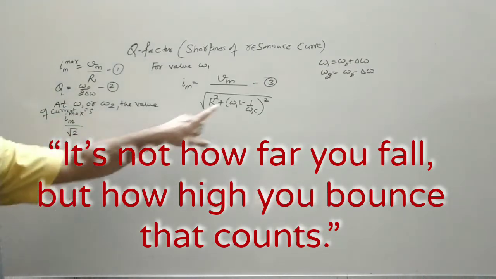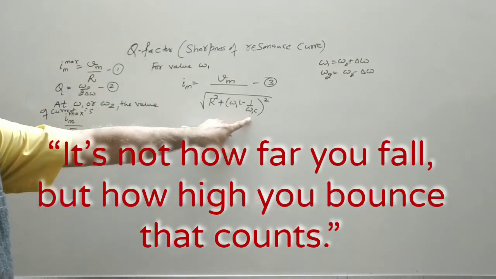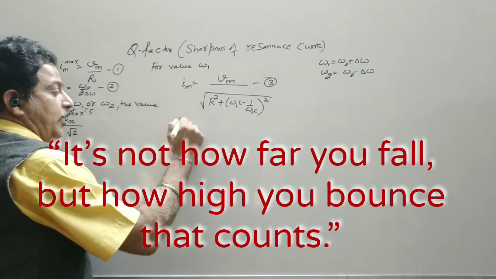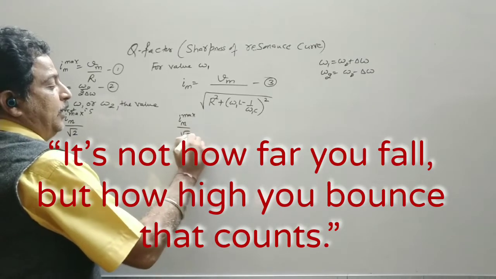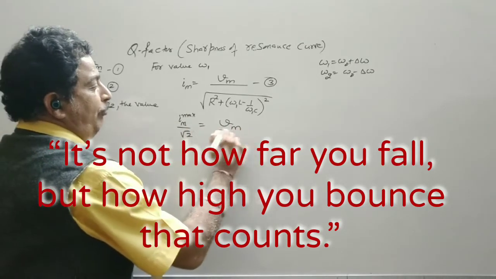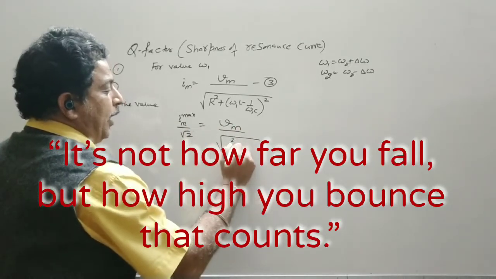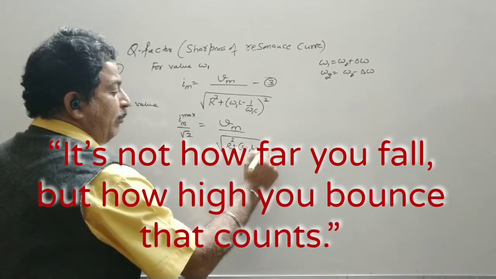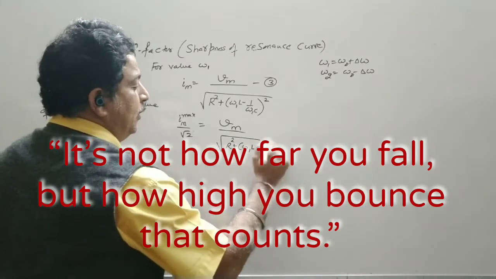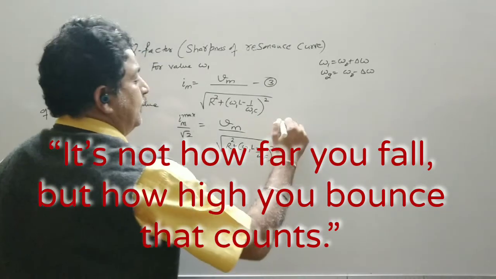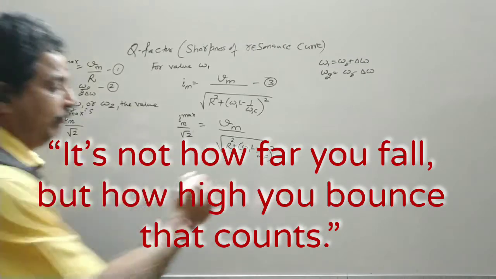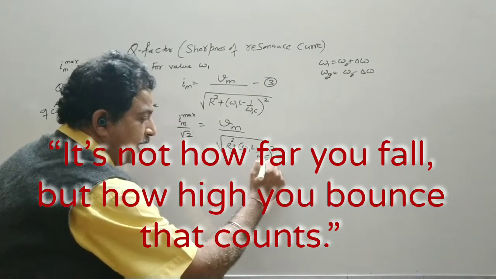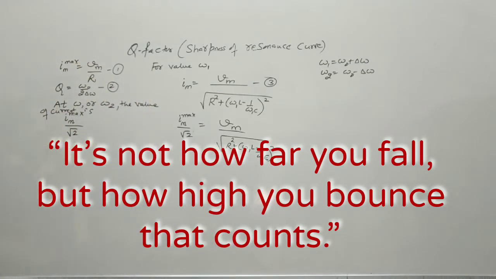So we have substituted this value for omega 1 here. It means the current flowing in the circuit is Im max divided by root 2, that is equal to Vm upon under root R square plus omega 1 L minus 1 upon omega 1 C whole square. Here Im is written as Im max by root 2 because at omega 1 or omega 2, the current was assumed to be Im max by root 2.